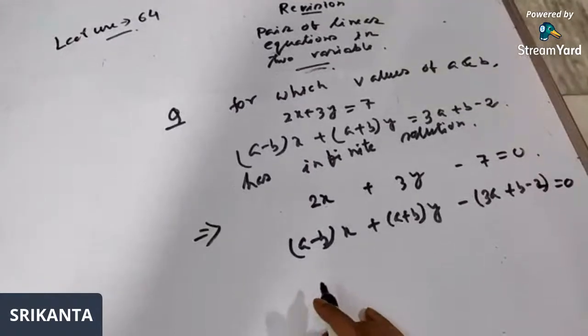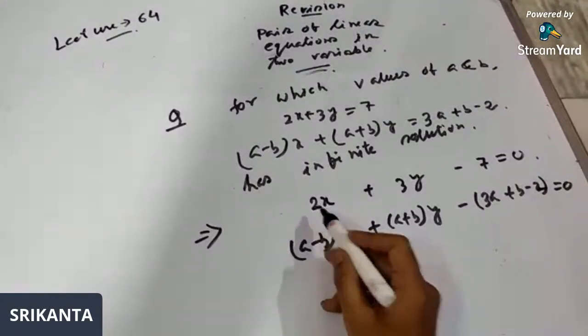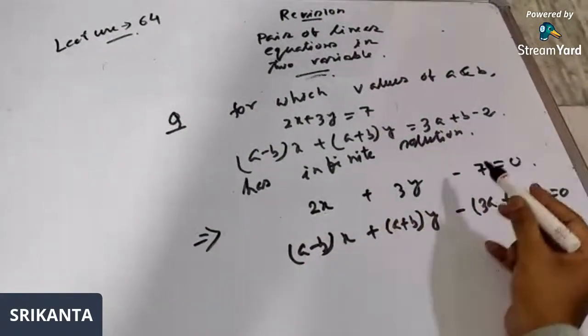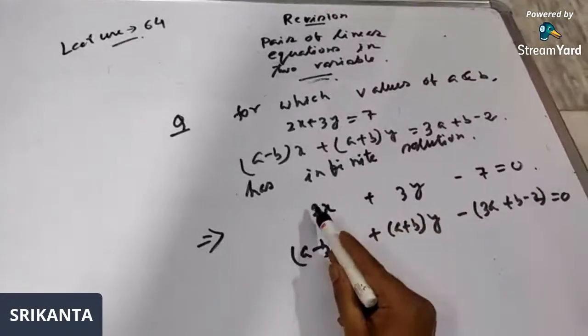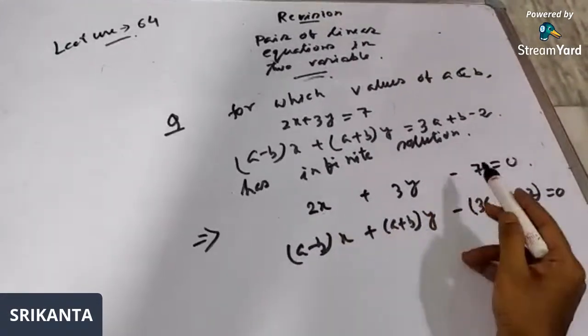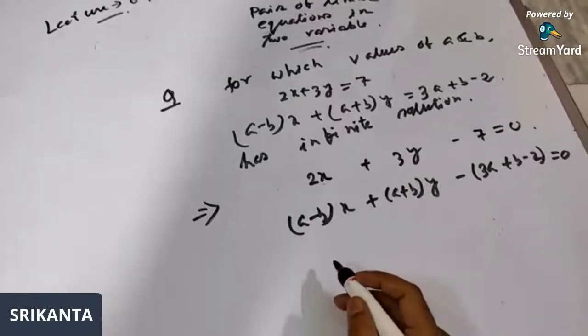Now for infinite number of solutions, what should you have? We have this by this is equal to this by this is equal to this by this. That means a1 by a2 is equal to b1 by b2 is equal to c1 by c2.